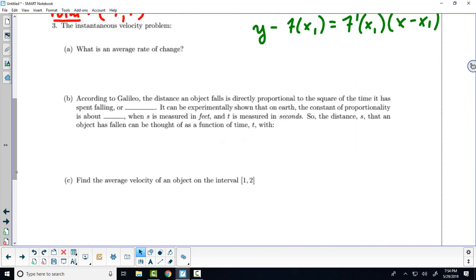That is the first question. The next question was the instantaneous velocity question. How do we find an average rate of change? Our goal is to find an instantaneous rate of change, but let's go back to the idea of an average rate of change.